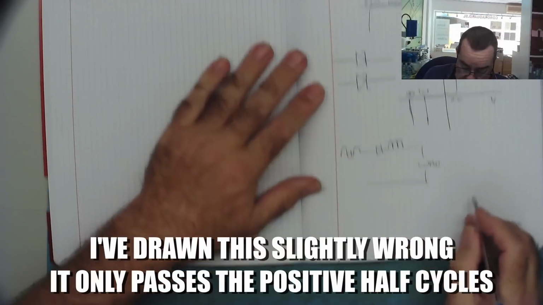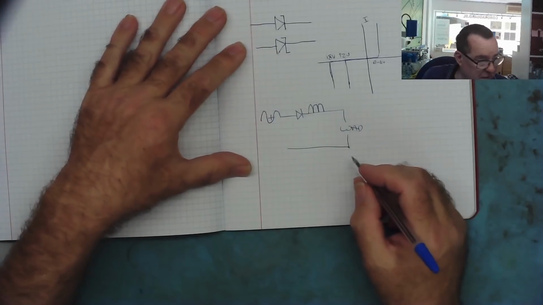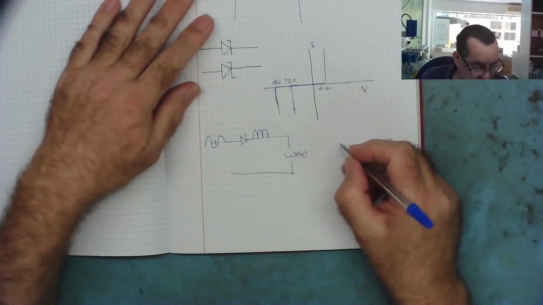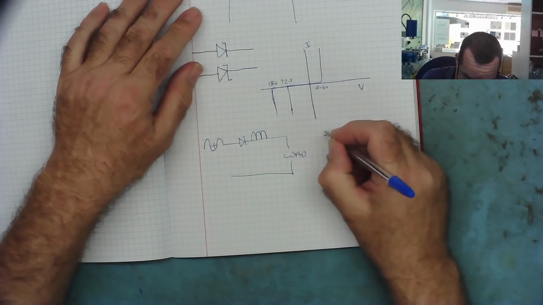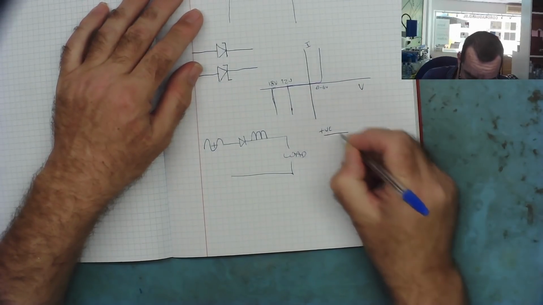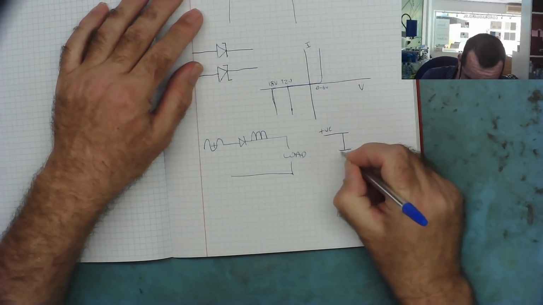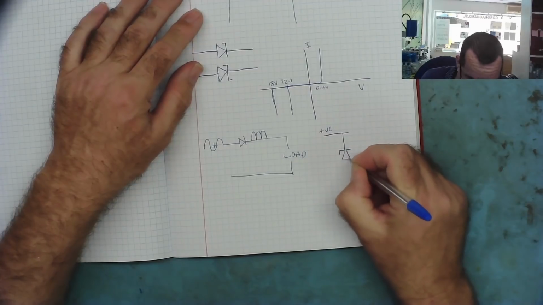With a Zener diode, it's working the opposite way, as I said. So with a Zener diode, you'll have a circuit like this. You have a positive supply, the Zener diode is connected back to front.